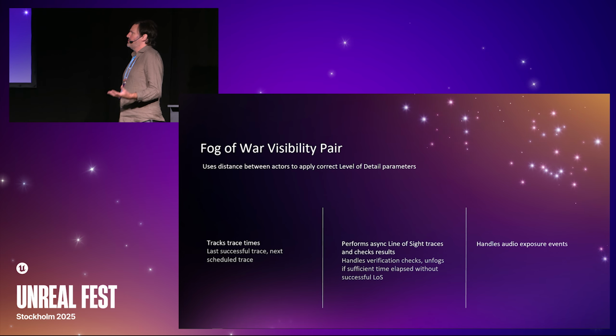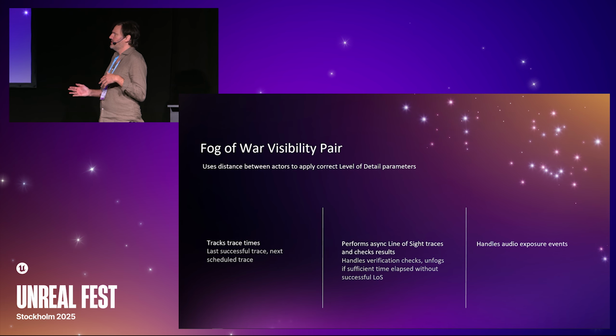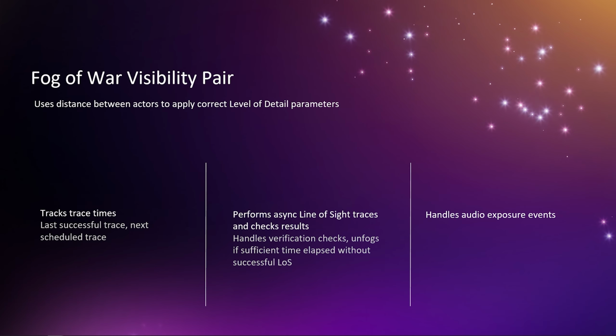The visibility pair contains all the state required for checking two objects: the time last checked and when the next check should occur. It has functions for performing the checks themselves, taking into account level of distance, and it also handles audio exposure events.